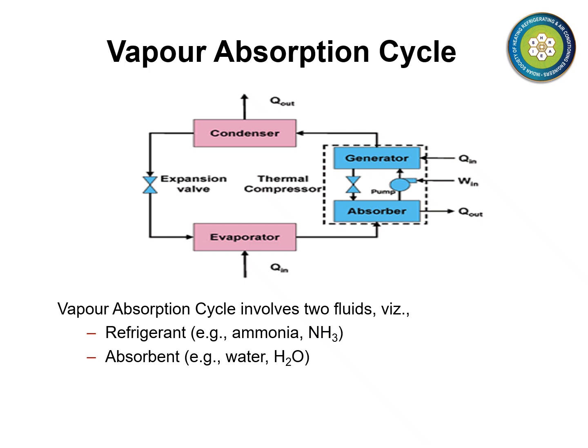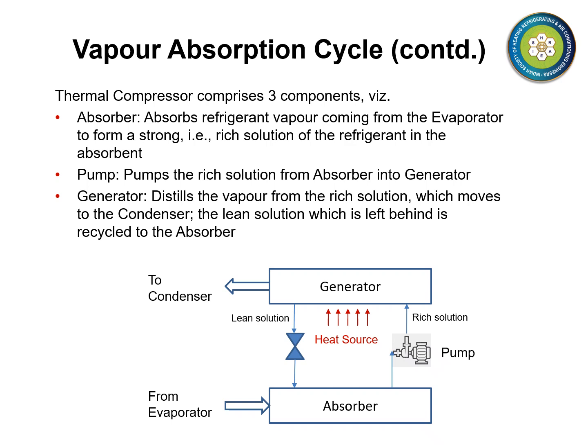A typical refrigerant absorbent combination is ammonia and water. The thermal compressor comprises three components, namely absorber, pump and generator. The absorber absorbs refrigerant vapor coming from the evaporator to form a strong solution, that is a rich solution of the refrigerant in the absorbent.